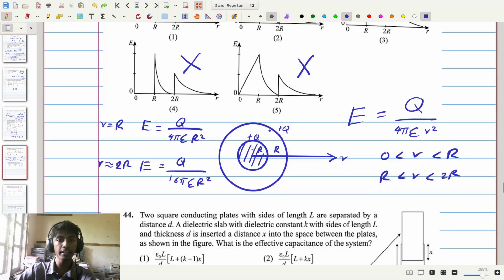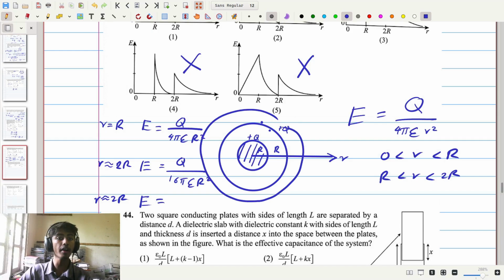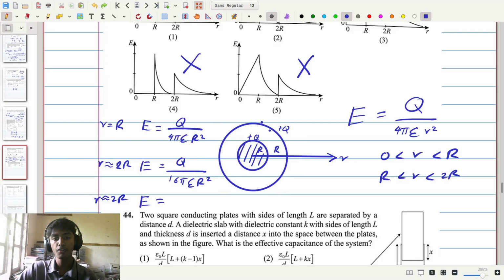Now after breaking the surface, if we consider a point just outside the surface, we'll have r again approximately equal to 2 capital R, but this time we have the charge of plus Q and the other charge of plus Q both inside our Gaussian surface. So now, instead of Q in the numerator, we have Q and another Q, or 2Q.